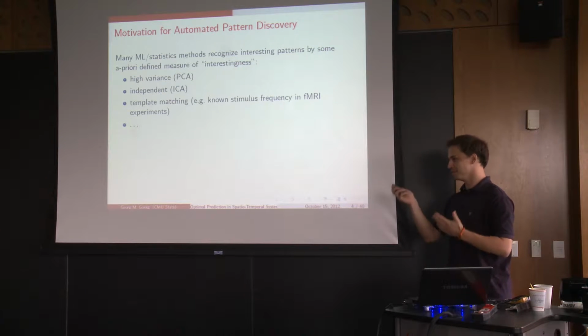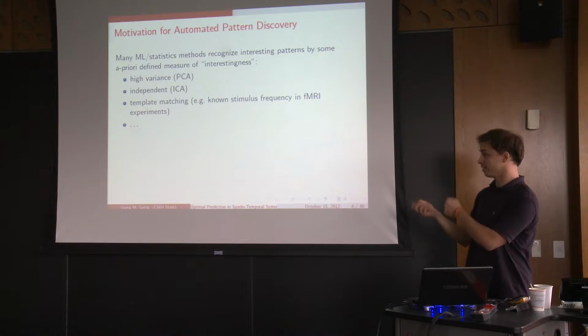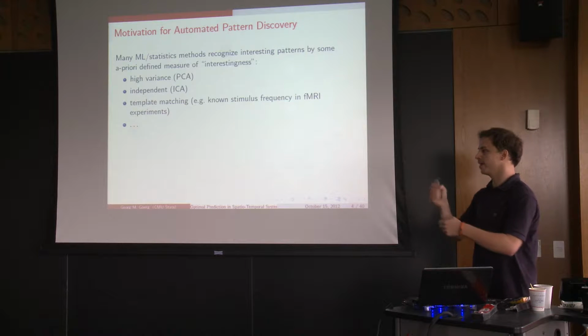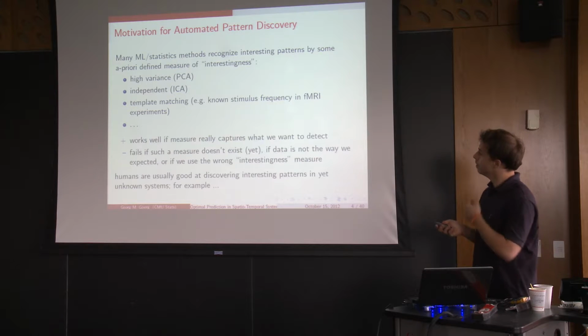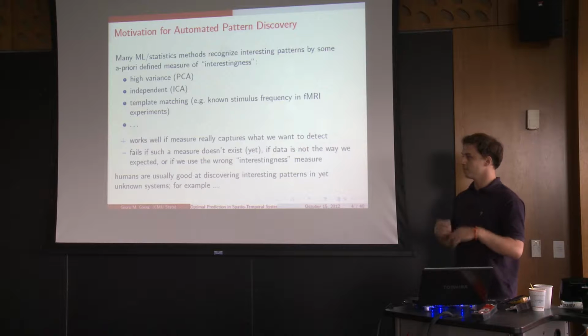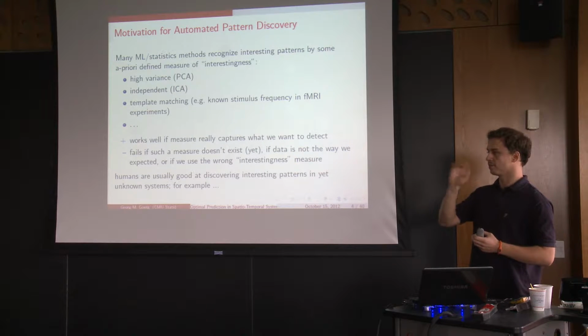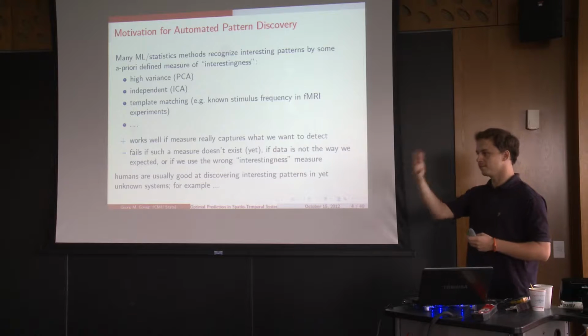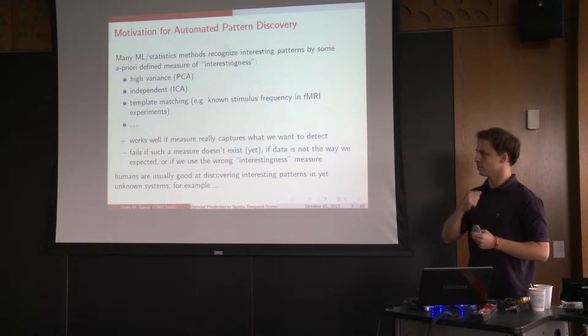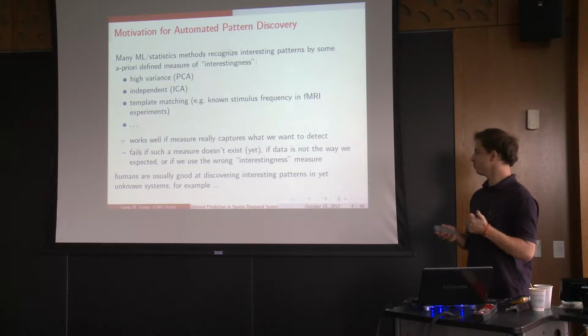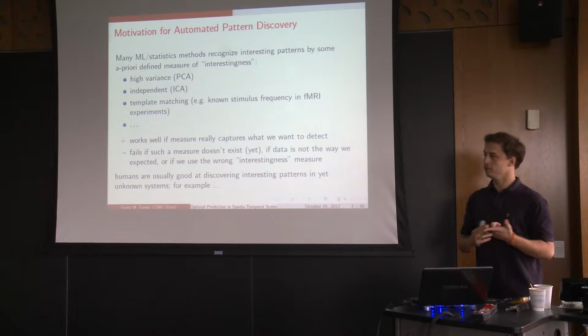A lot of methods work like this. Someone has to decide, oh, this is interesting, make the algorithm look for that. This works well if this measure really captures what we want. If I know the stimulus has a certain frequency, then I just define a filter like this and I get the response. But this doesn't work if you don't have such a measure.